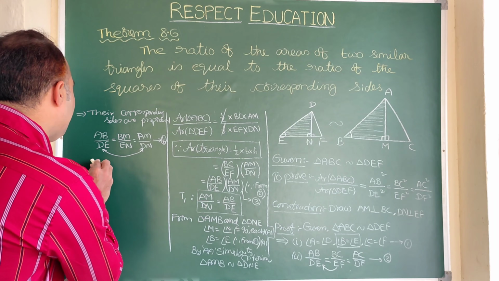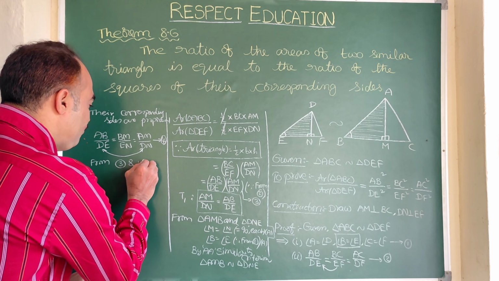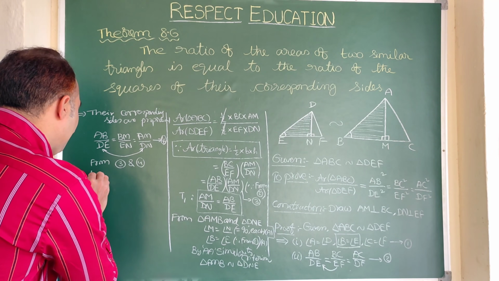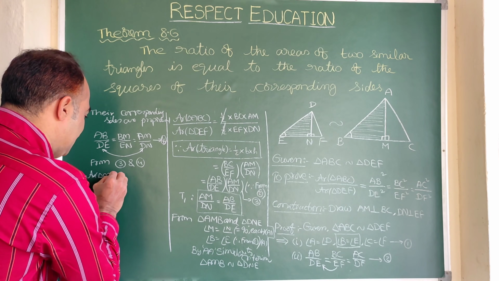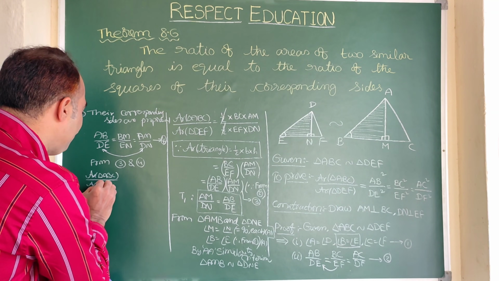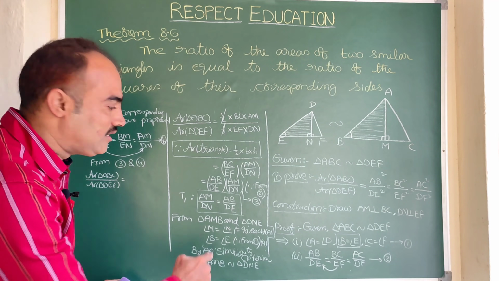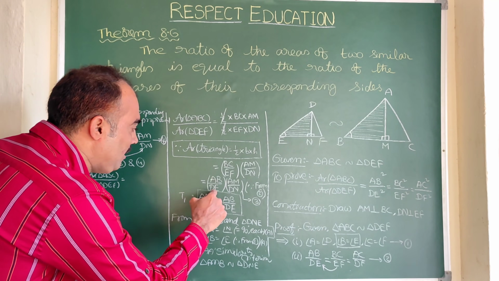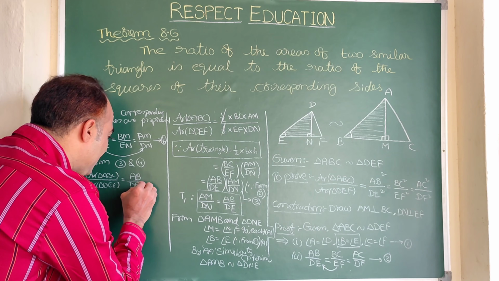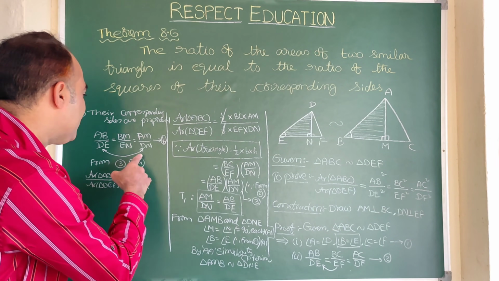Now from 3 and 4, we can say that area of triangle ABC by area of triangle DEF is equal to, from the third equation, AB by DE, into, in place of AM by DN, go to equation number 4.